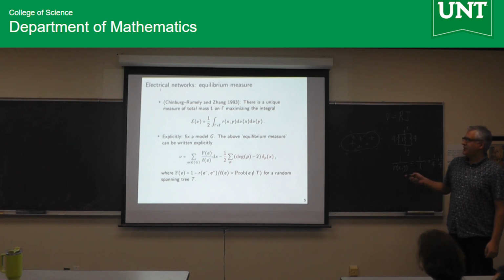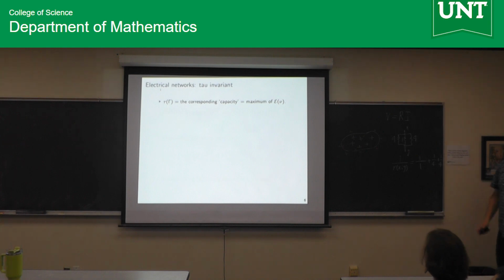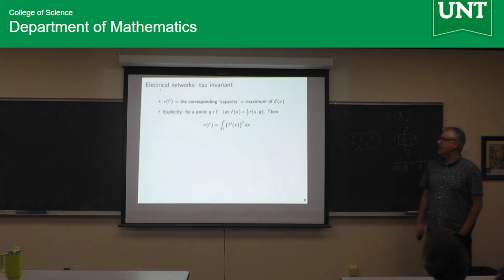What I do care about is actually the maximizing quantity. Was there a question? And that's what is called the tau constant. This was studied by Rumely. It's the corresponding capacity, the maximum that I was talking about. When things settle, what's the biggest number you can get from that double integral?